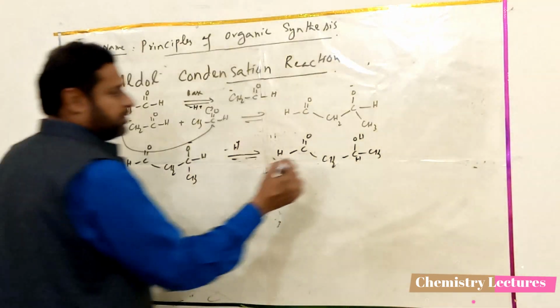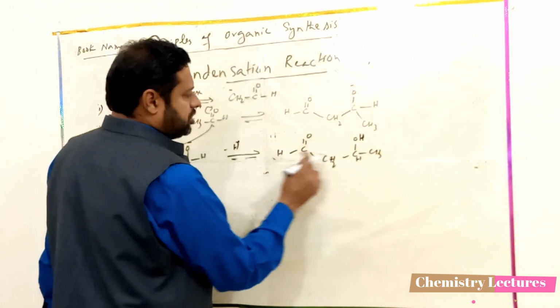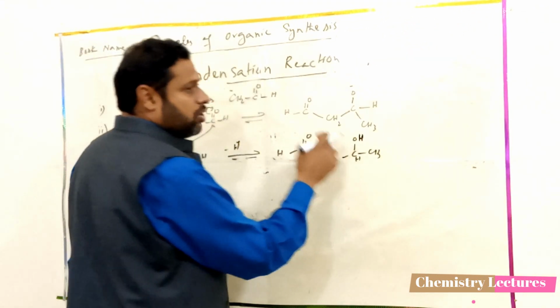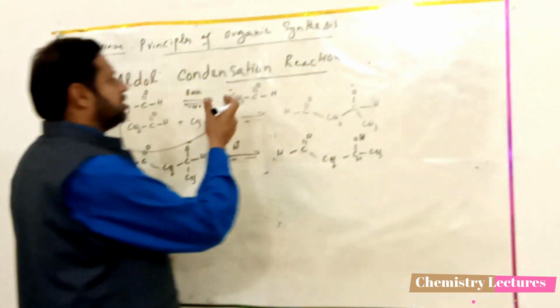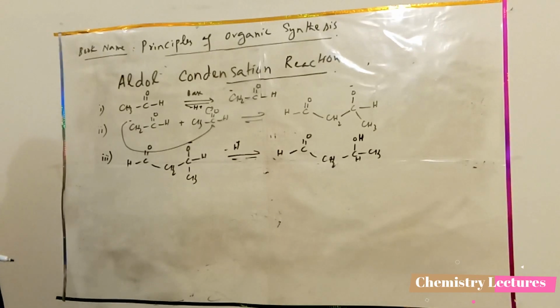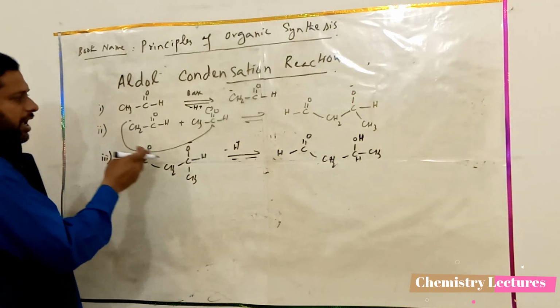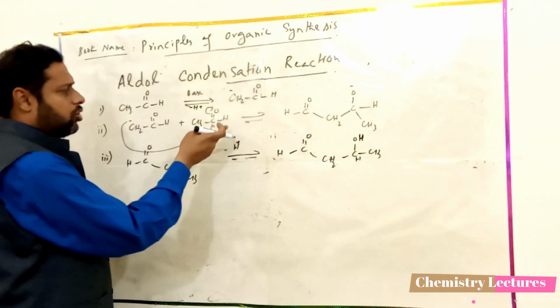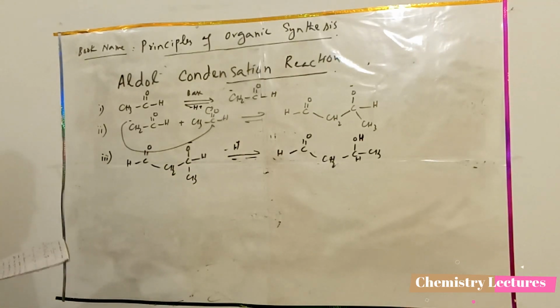You can see that this product has two types of functional groups: carbonyl and hydroxyl group. Because it contains both an aldehyde and a hydroxyl, the product name was aldol. All these reactions in which an aldehyde attacks another molecule of aldehyde or ketone to make a bond are called aldol condensation reactions.